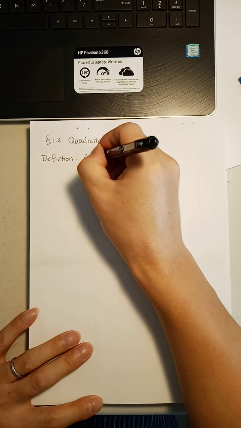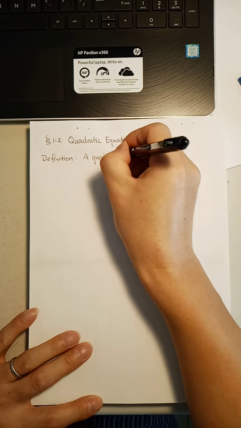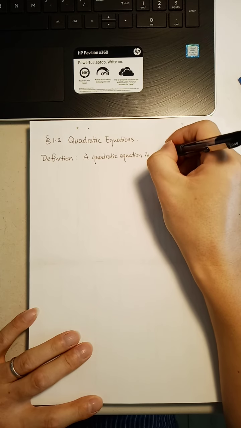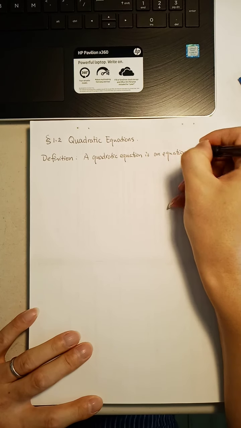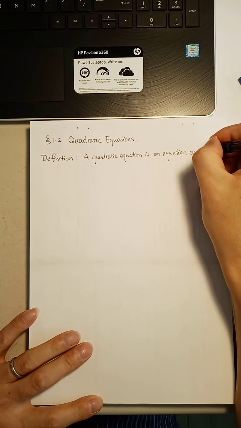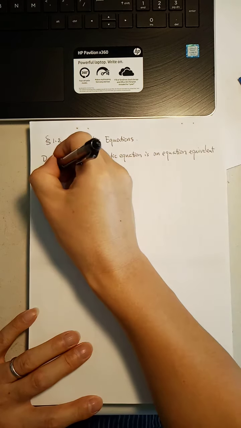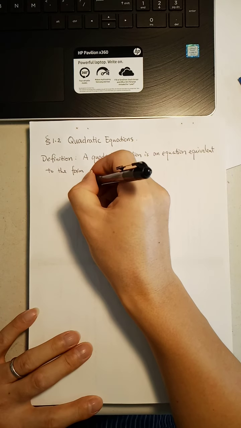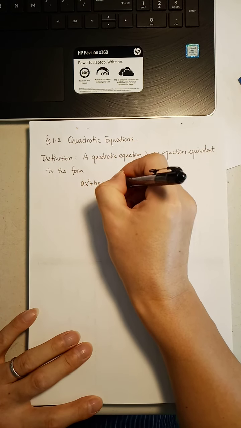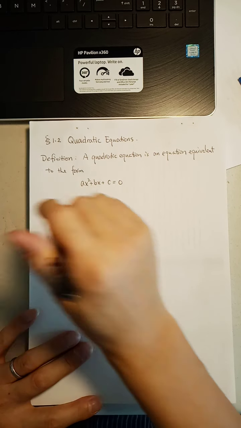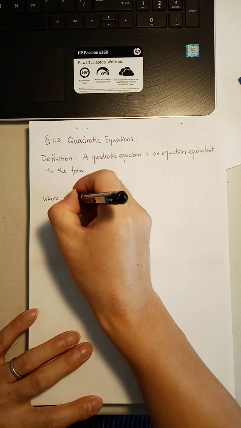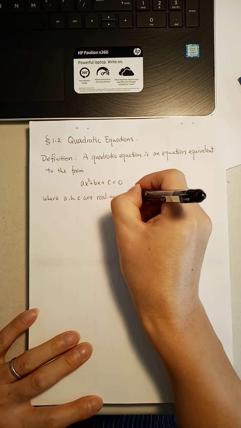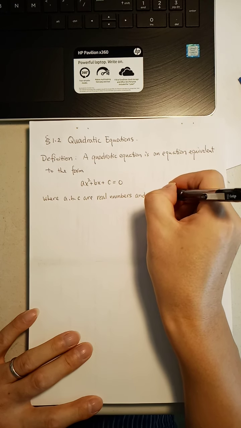A quadratic equation is an equation equivalent to the form ax squared plus bx plus c equal to 0, where a, b, c are real numbers and a cannot be 0.